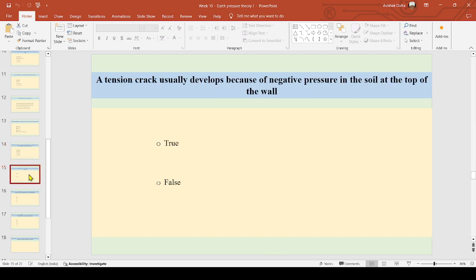A true false statement. A tension crack usually develops because of negative pressure in the soil at the top of the wall. Is this statement true or false?